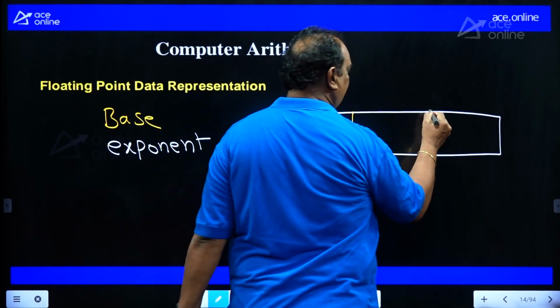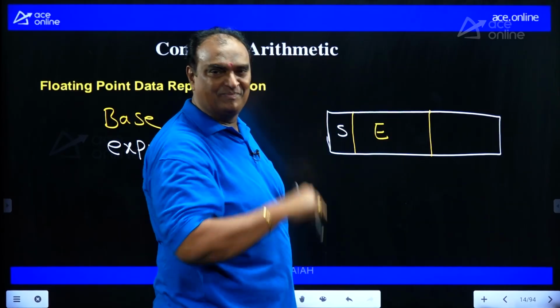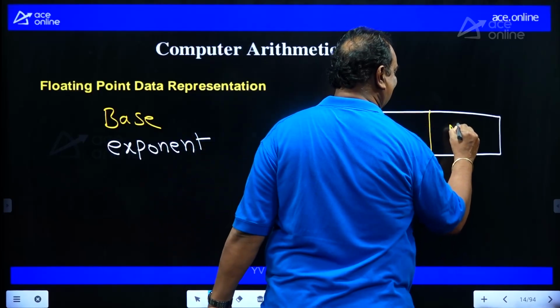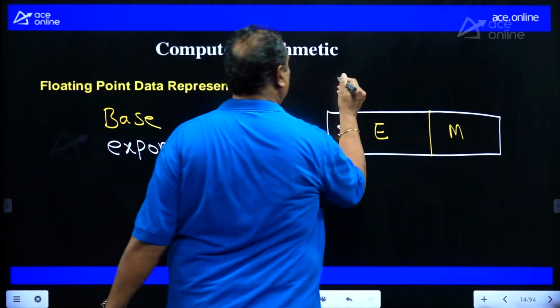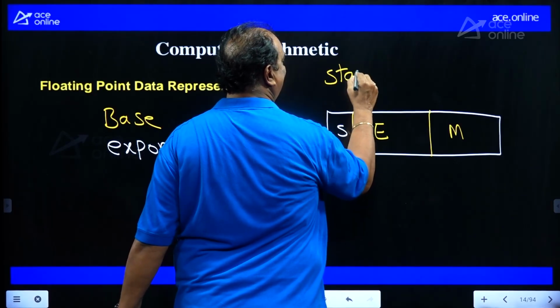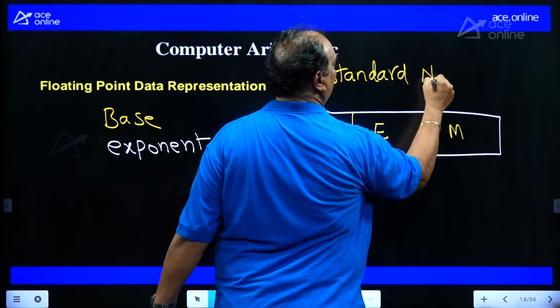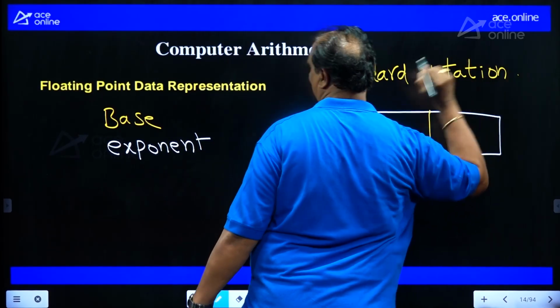Next, the middle field, capital E. What is capital E? Biased exponent. Next, what is the last one? Mantissa. Now we are discussing the standard representation, sometimes known as notation.